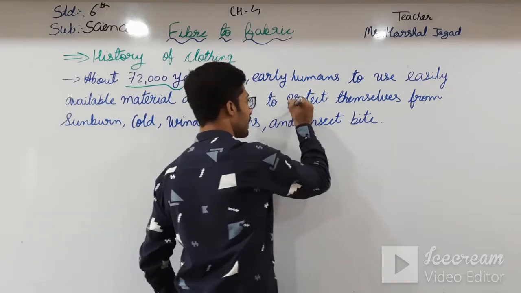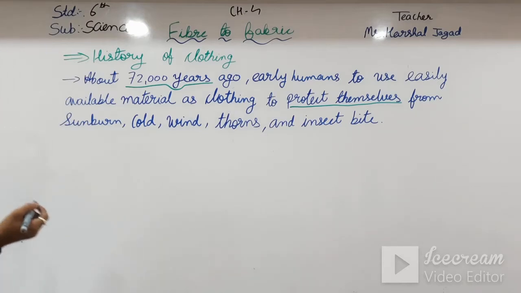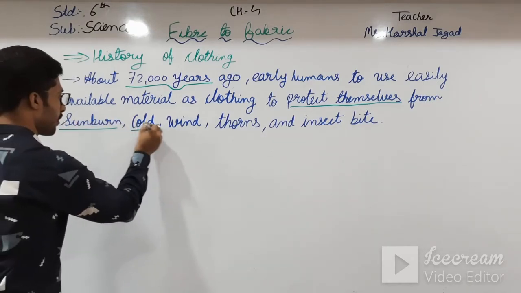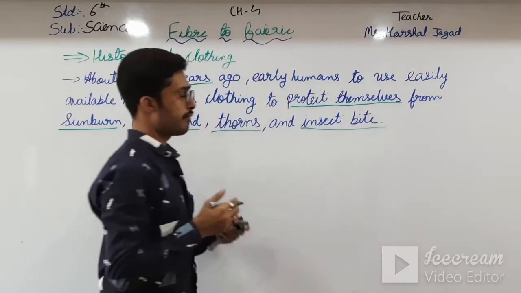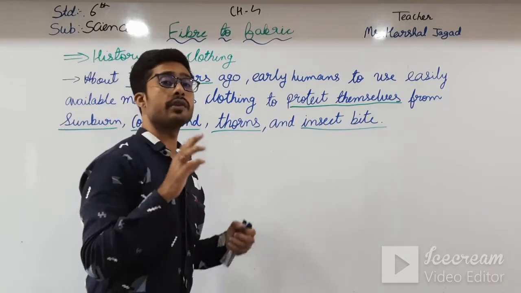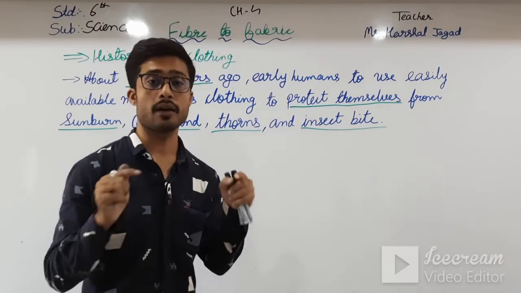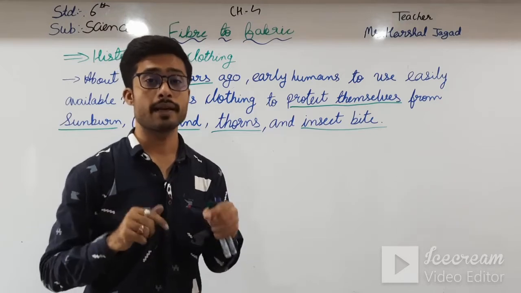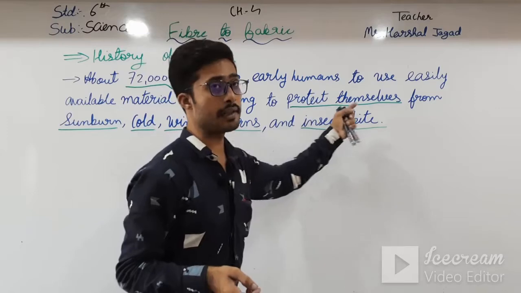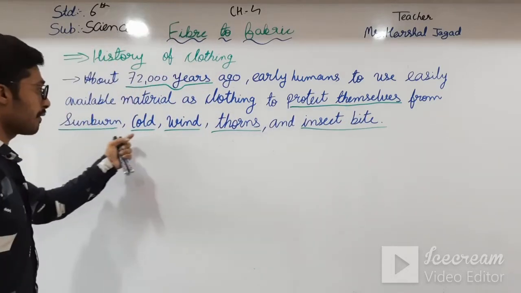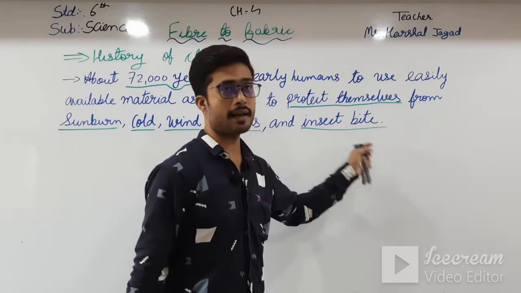Protect themselves from what? Sunburn, cold, wind, thorns and insect bite. Why did they start wearing clothes? Because they needed to protect themselves from sunburn, cold, wind, thorns and insect bite.